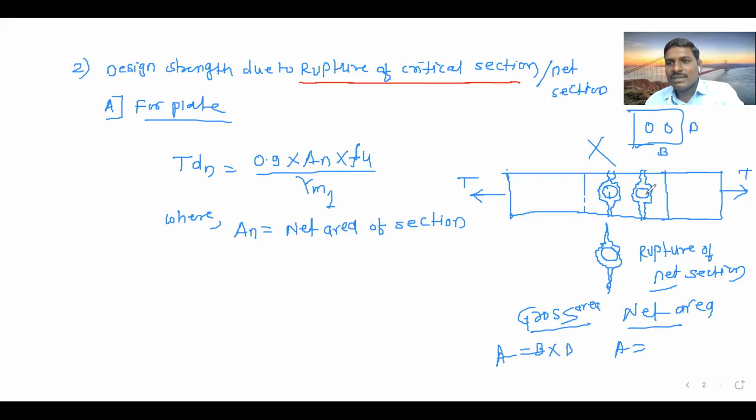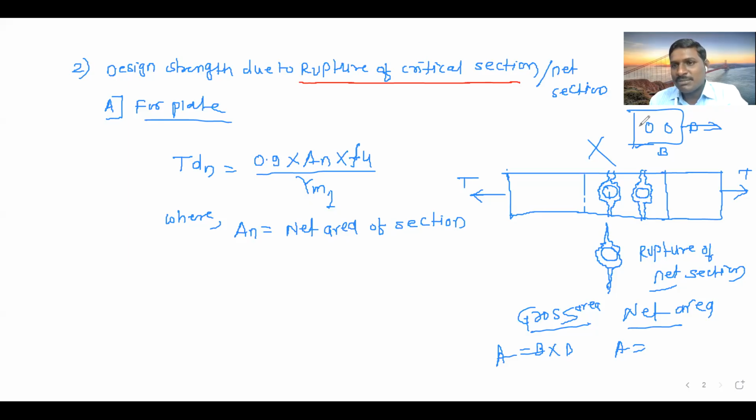It means there is an area reduction, no? Yes, sir. Area reduction happened, right? Then for the net area, we have to subtract the area of these holes.